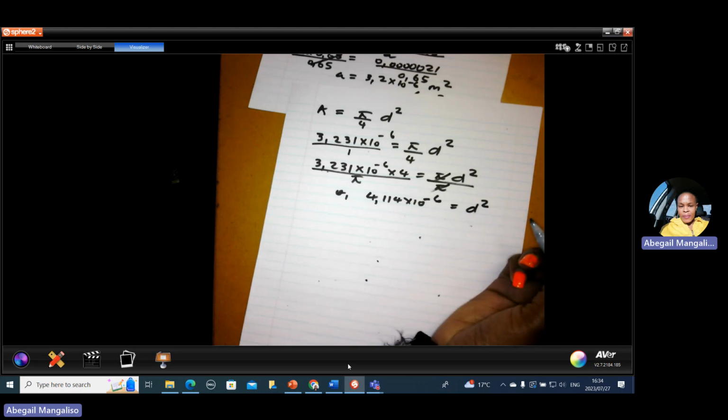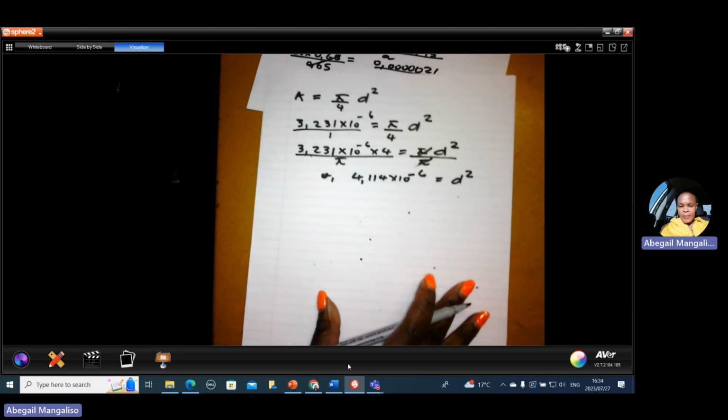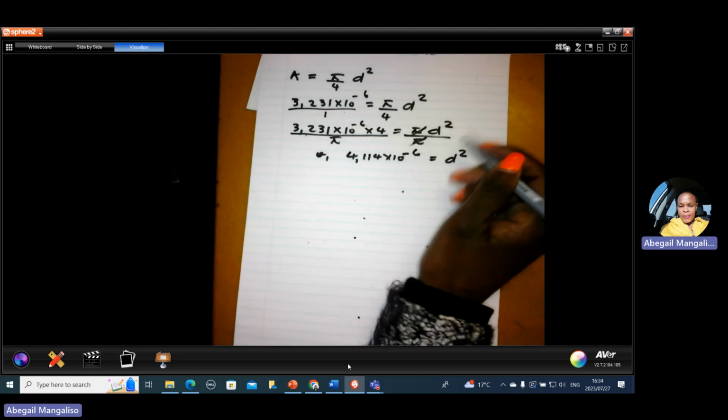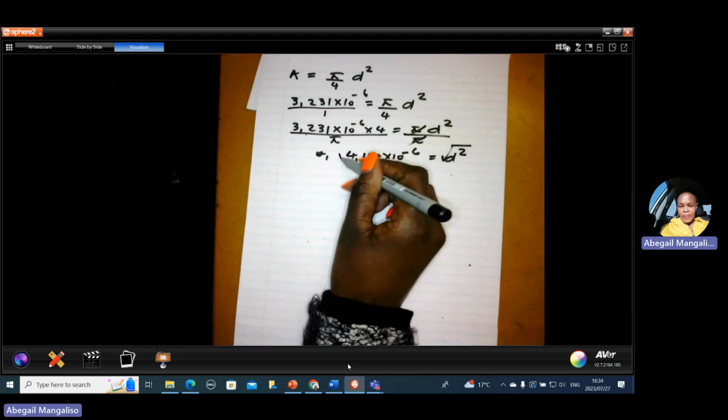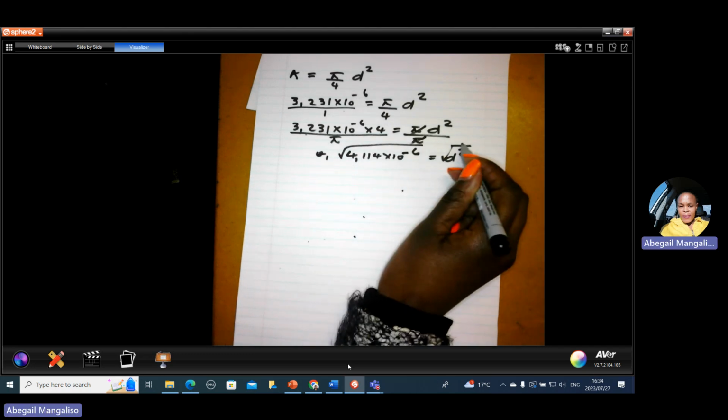The question says calculate the diameter, not the diameter squared. So you put the square root on both sides. The power of a half cancels the 2 on this side.